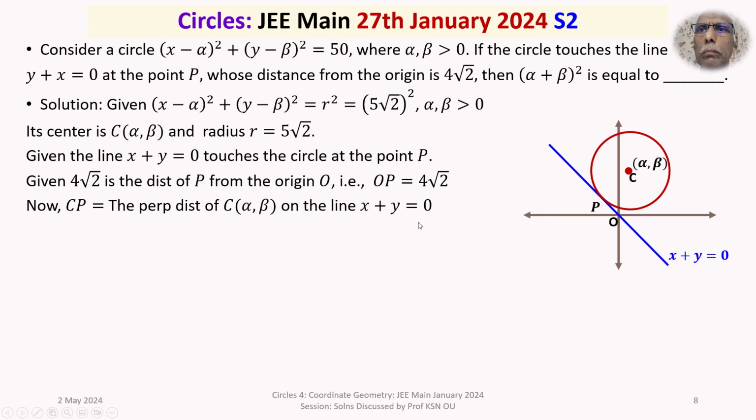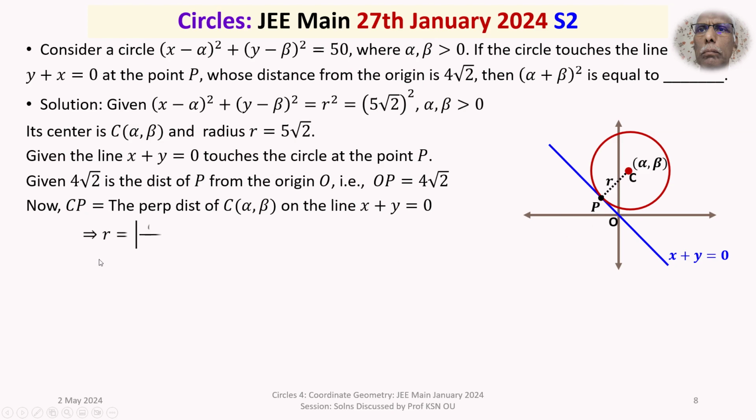CP is the perpendicular distance of C(α, β) on the line x + y = 0. So CP is drawn, this is the C. Agreed. Now you can find CP with the perpendicular distance formula. Take the perpendicular distance formula and find the r.